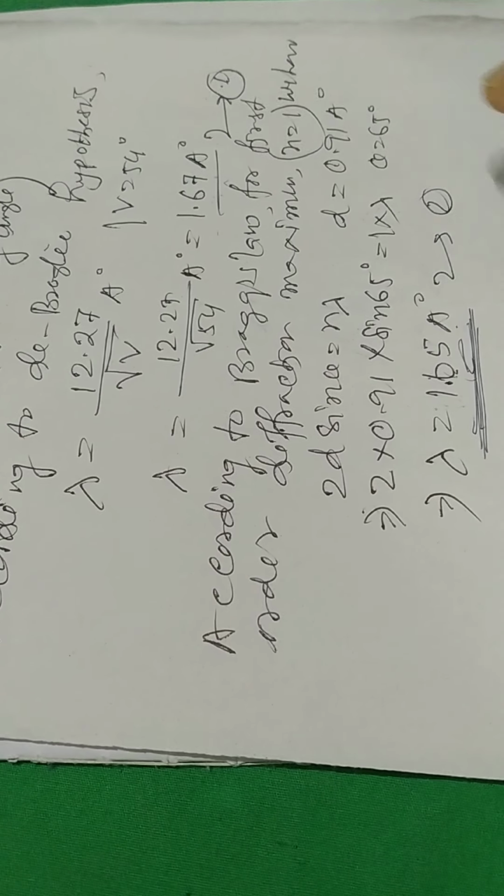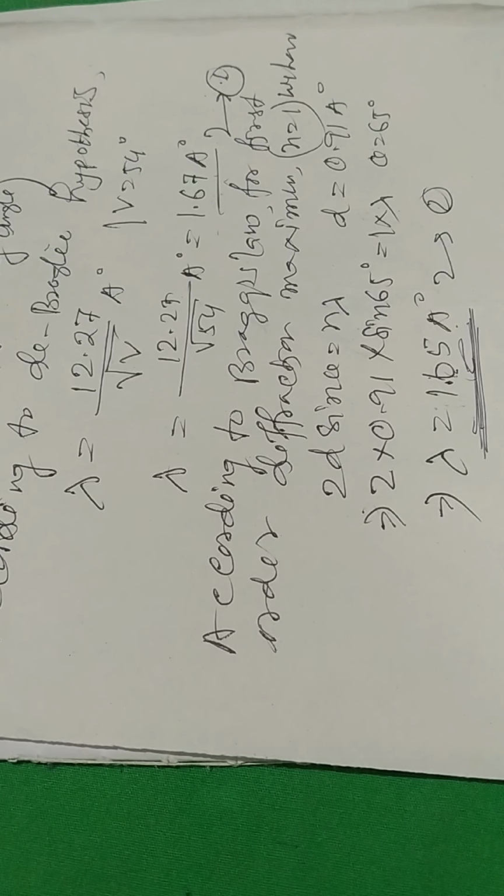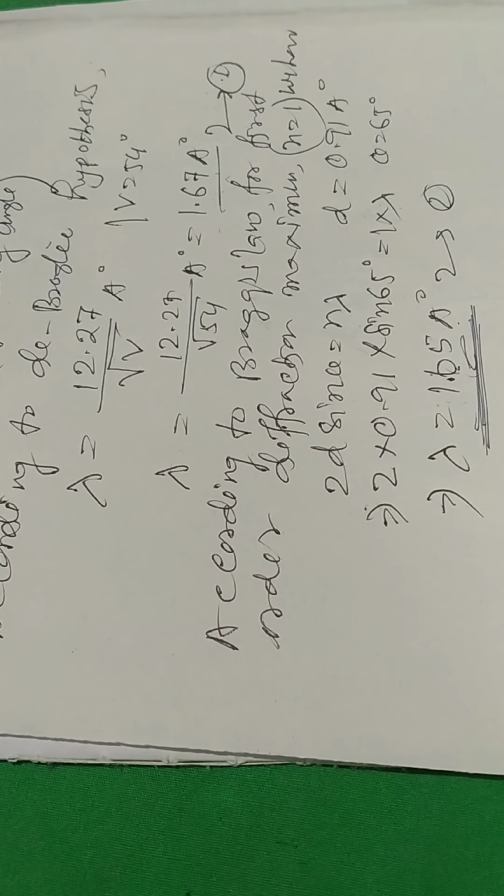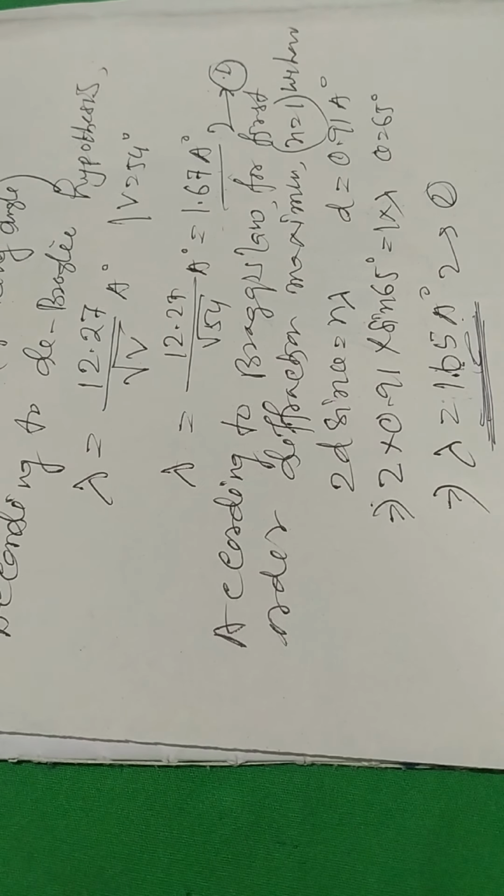It means that when electrons move, they behave as waves. So basically Davisson and Germer performed the experiment to study the wave nature of the electron. Thank you.